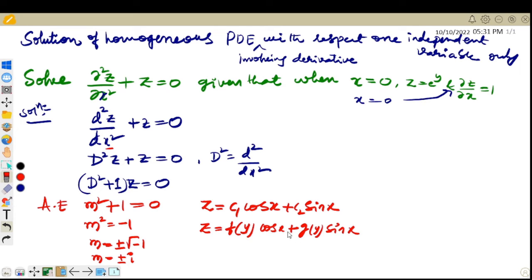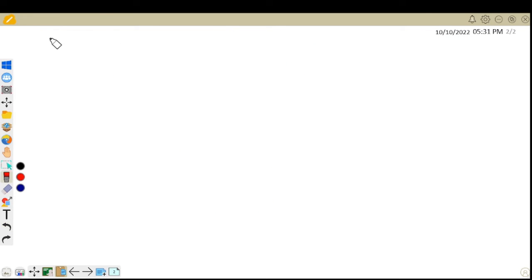Now let me substitute the initial conditions in the next slide. So z is equal to f(y) cos x + g(y) sin x.